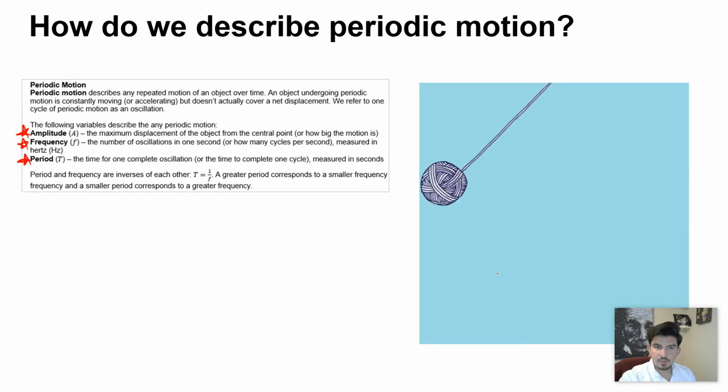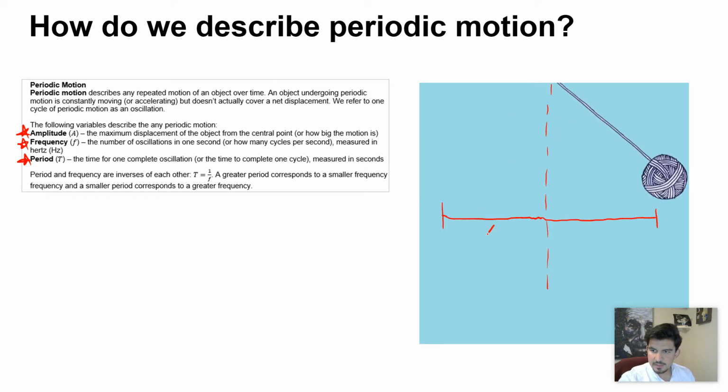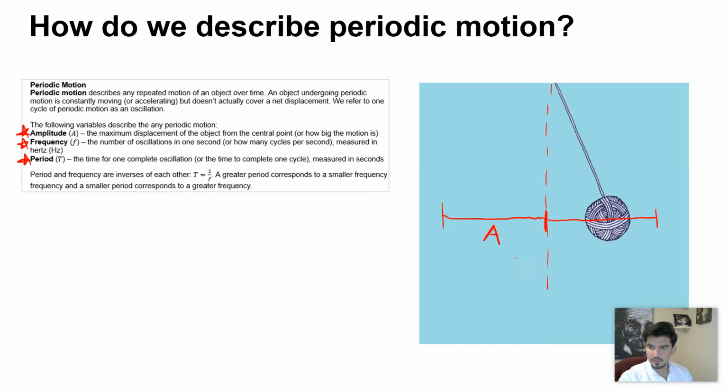Okay, so amplitude is basically describing, if we were to measure, say here's our equilibrium, what is the furthest distance from equilibrium that an object can be? And so you'll see that the furthest distance on the left of my pendulum is equal to the furthest distance on the right. And so we would say the amplitude is the measurement from the equilibrium to its maximum point.